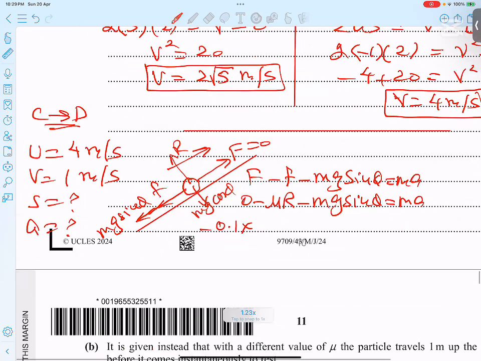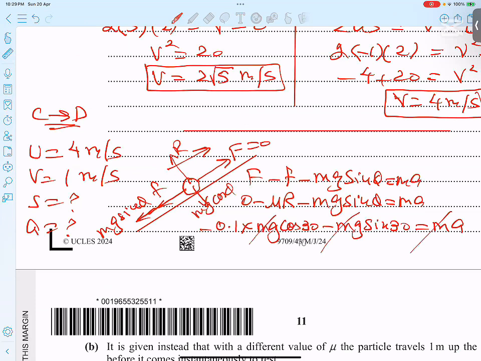So in its place I'm writing mg cos 30, and here I'm writing mg sine 30 and mass times x. Mass cancels out. In this way, I can find the acceleration. Let me check it.